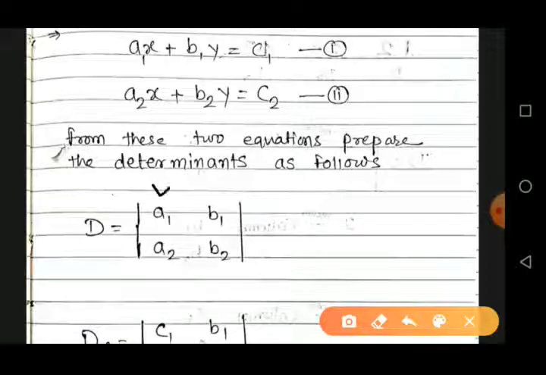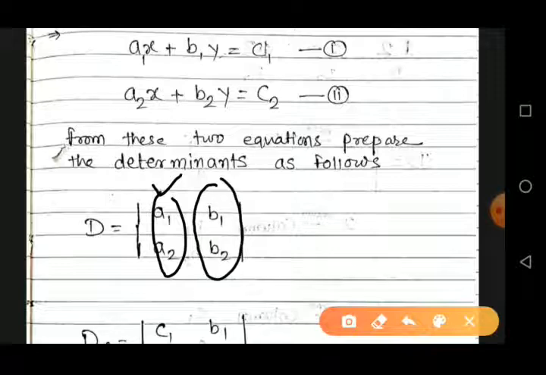First of all, write down the column of coefficients of x, that means a1, a2. This is the first column. Then write down the column of b, the coefficients of y from both equations, and it is the second. This order is very important. First write the coefficients a1, a2, and in the second column b1, b2, the coefficients of y.